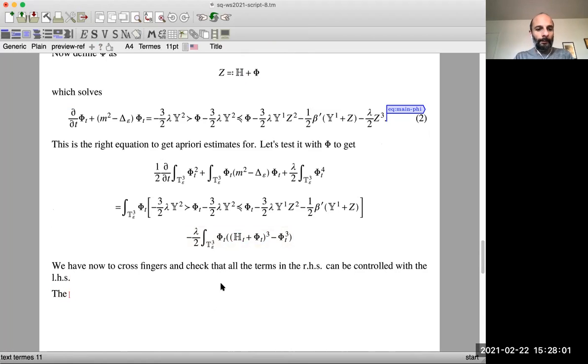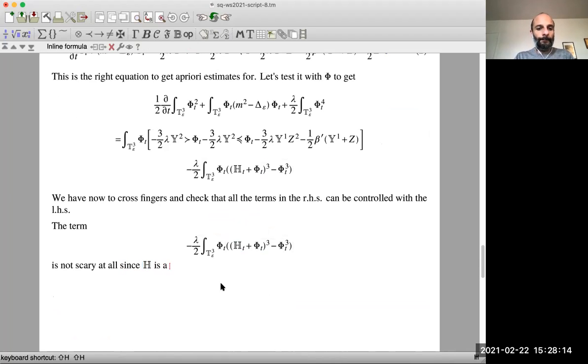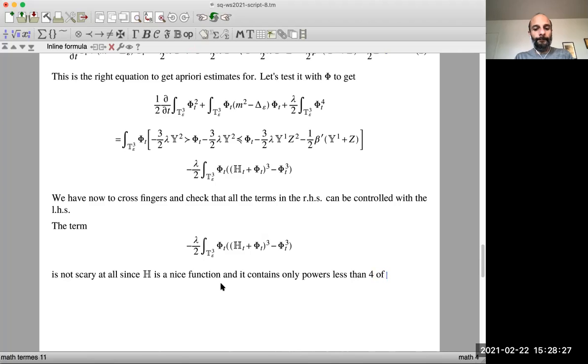So the term t is not scary at all, since h is a nice function and it contains only powers less than 4 of phi.